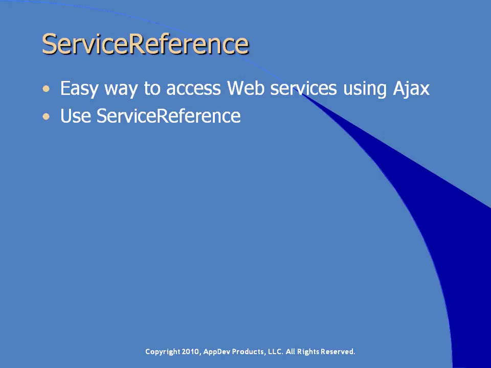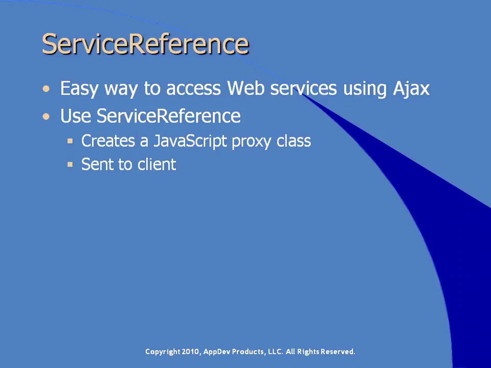You can add a service reference control to the script manager in order to access your web services from JavaScript. It creates a JavaScript proxy class that is then sent to the client. And then the client-side JavaScript can use that proxy class in order to access the web service.